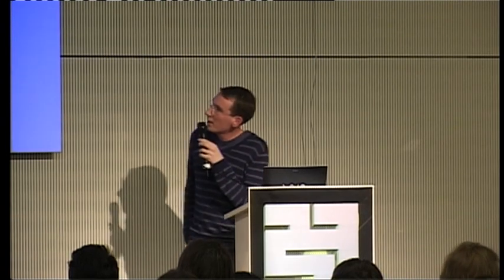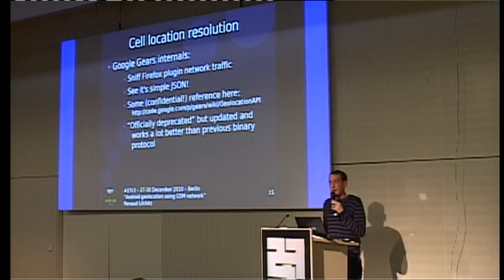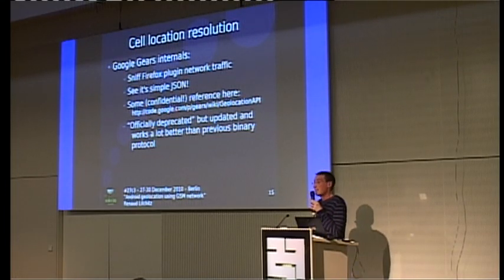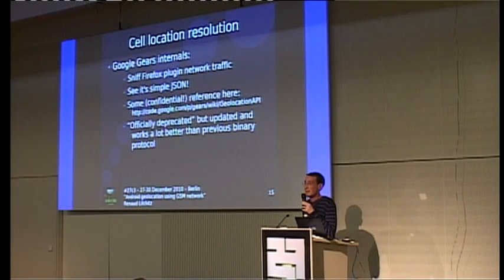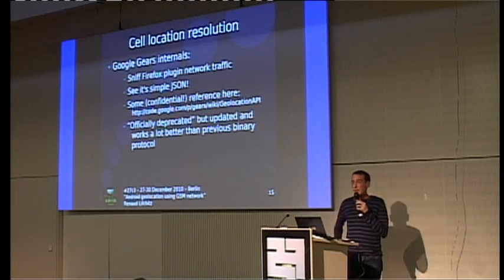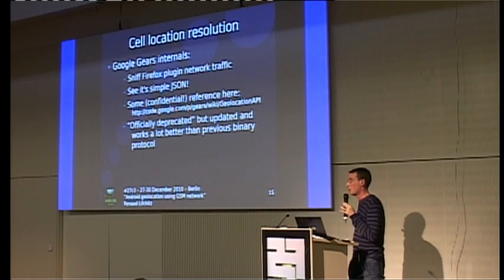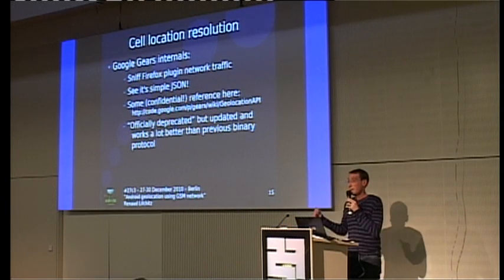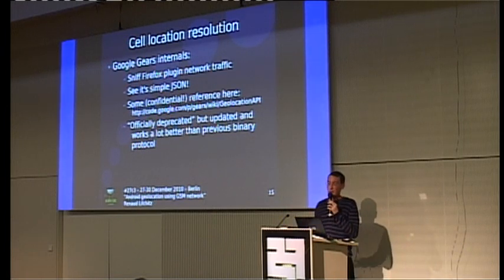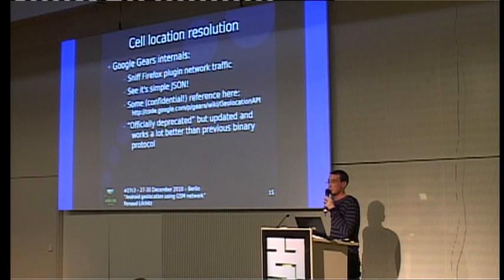And you have a quite confidential page on the google.com website which talks about the Google Gears API. Officially, it's deprecated in the page, but it works very well. It's not buggy at all. It's easy to use, easy to understand, and it's regularly updated.